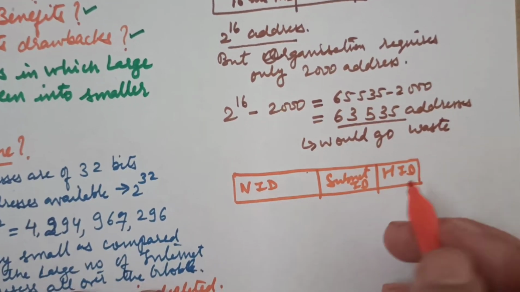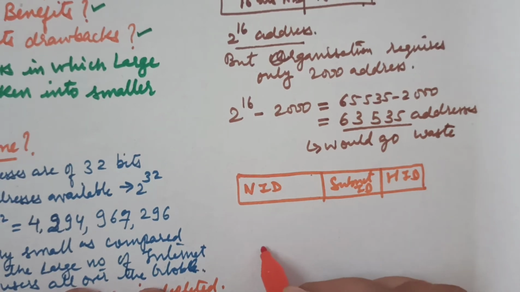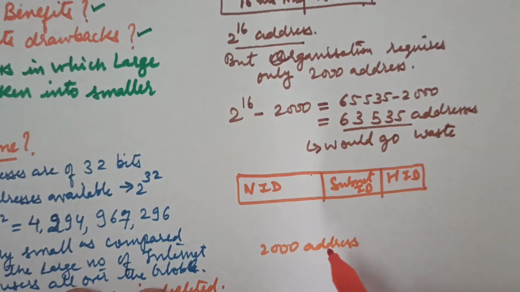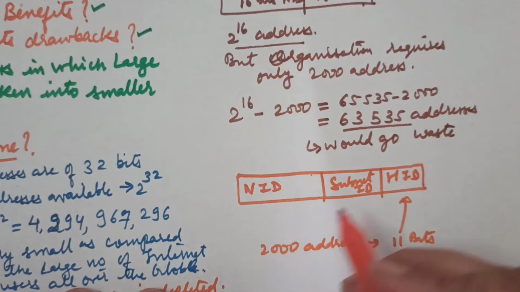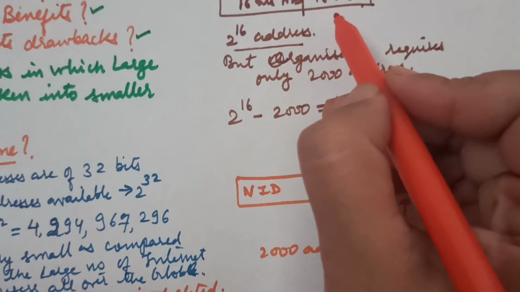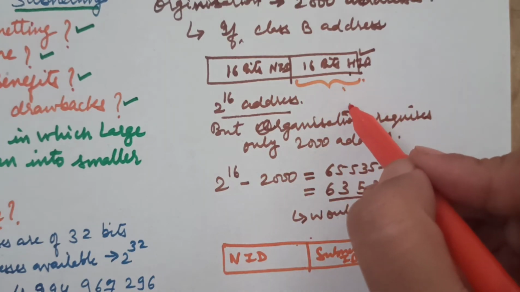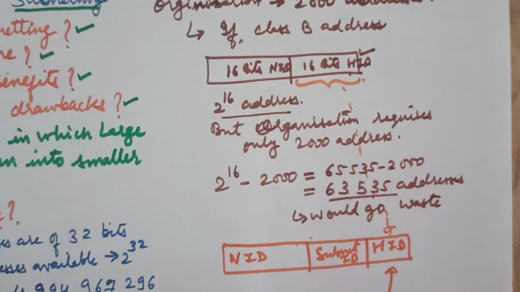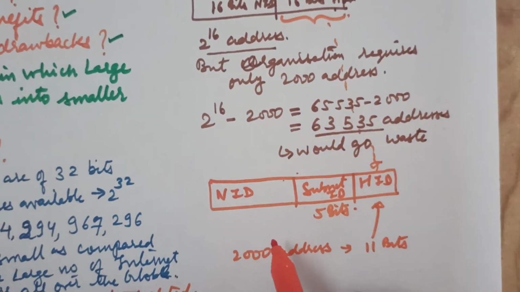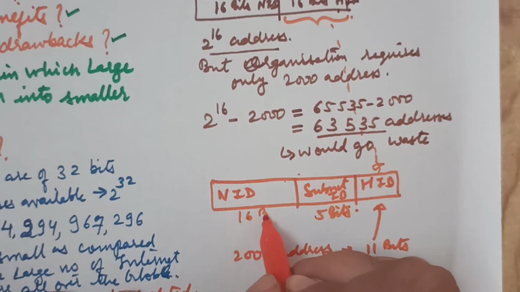Now, to satisfy the requirement of 2000 addresses, we need to keep at least 11 bits in the host ID part. So without subnetting, there were 16 bits in the host ID part. Out of these 16 bits, 11 bits are retained in the host ID part. So the remaining 5 bits will be pushed into the subnet ID part. And the network ID part will have the fixed 16 bits.